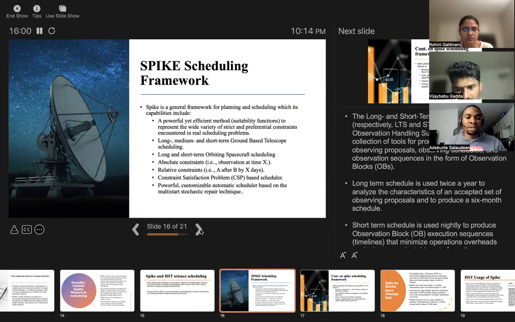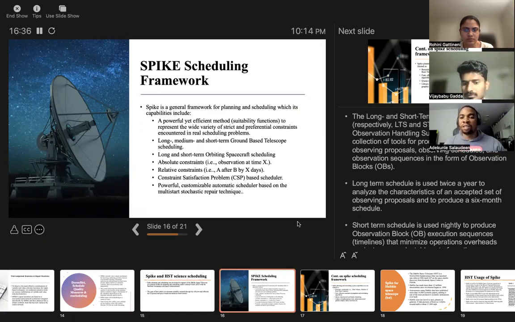We have the absolute constraint, that is, the observation at time X, and also the relative constraint, which is A after B by X days. It is a constraint satisfaction problem (CSP) based scheduler, and also a powerful, customizable, automatic scheduler based on a multi-start stochastic repair technique.